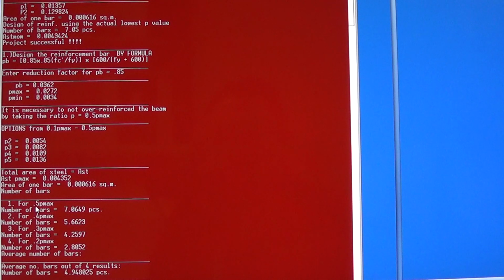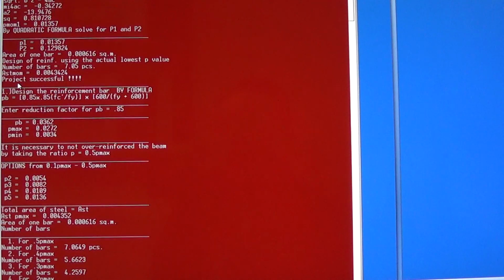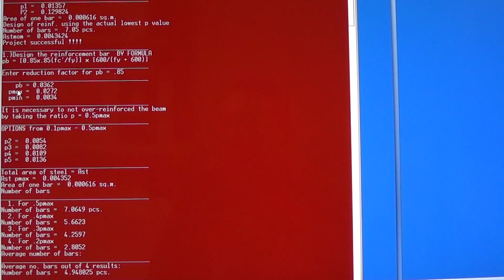For 0.5 P max, there are 7 reinforcement bars. For 0.4 P maximum, you have a choice here, right? You have a choice from 0.1 to 0.5 P max as the reinforcement ratio. For 0.3 P maximum, it gives us 4 bars, but it's 5, we round it up.